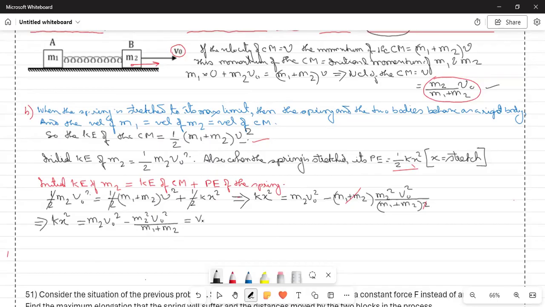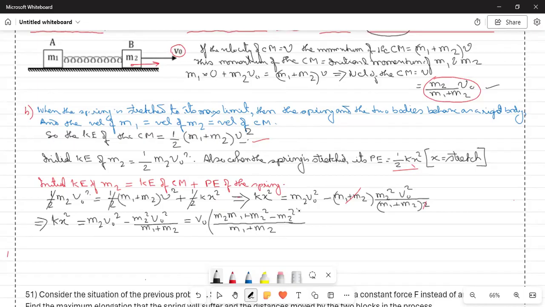Take V0 square outside the bracket. Then the denominator remains the same, M1 plus M2. Here M2 multiplied by M1 plus M2 gives M2 M1 plus M2 square, and I have another minus M2 square here.